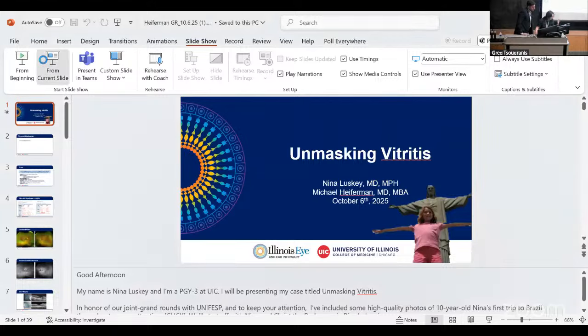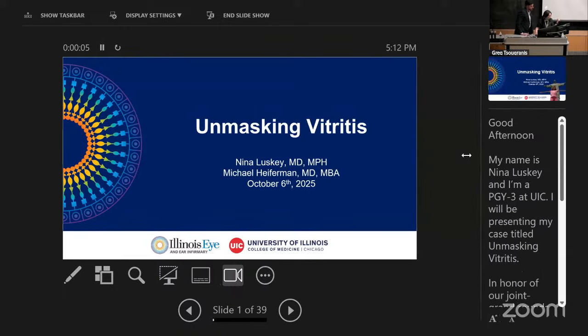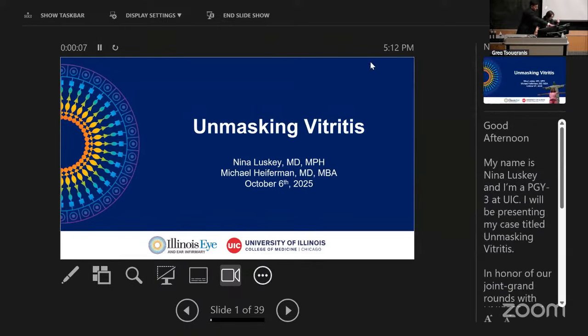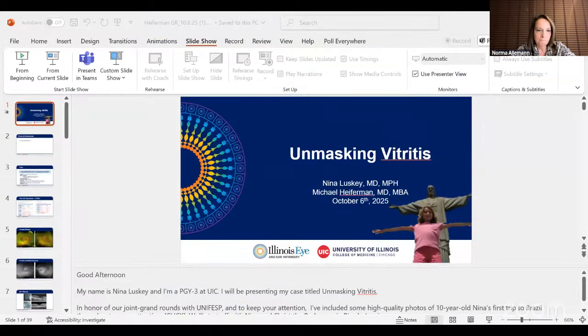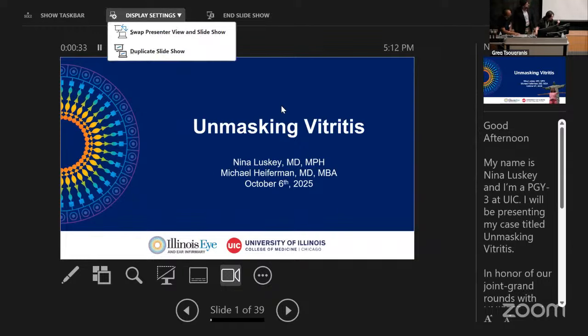Upper left. Then swap it. Great, we can see here. It's great. How did I go back to this? Sorry, guys. One sec. Hide that. Taskbar. There we go. That's better.